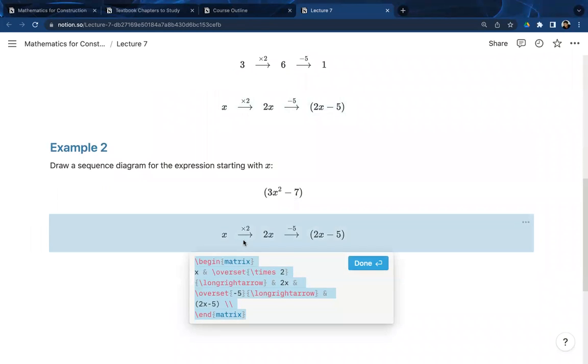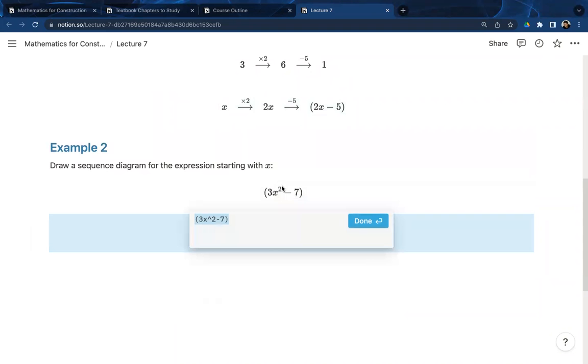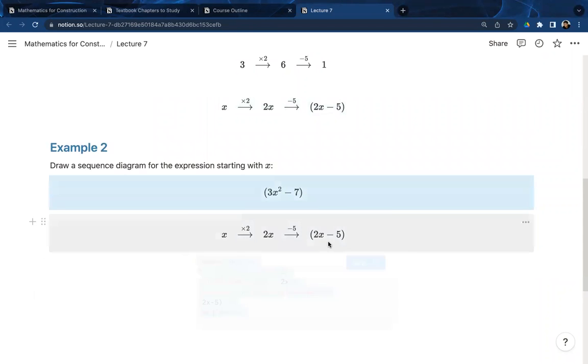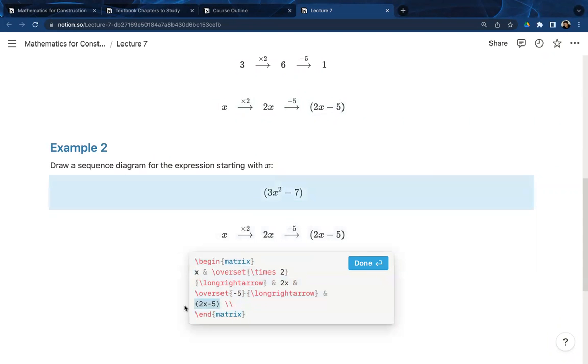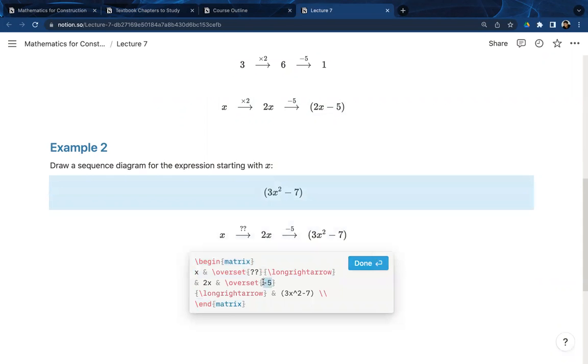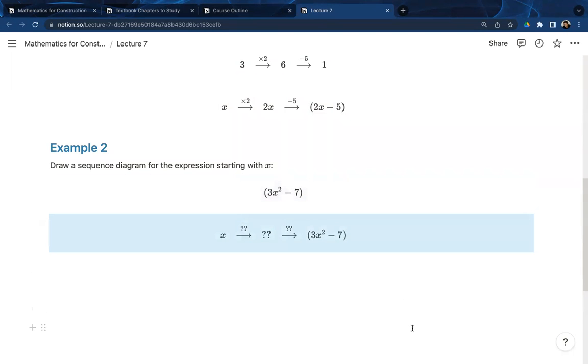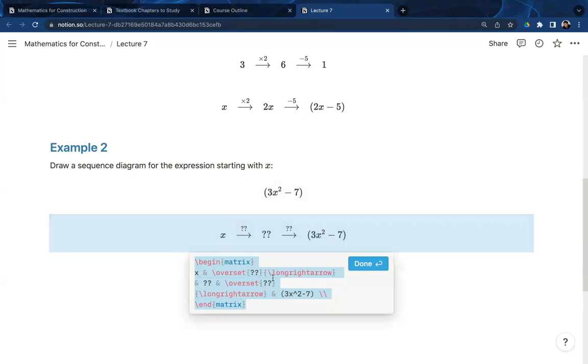All right, if we start with x, what do we want to end up with? What we want to end up with is the actual expression, right? So we're going to have some unknown things here, and some unknown intermediate results, right? And we may actually have more than one.